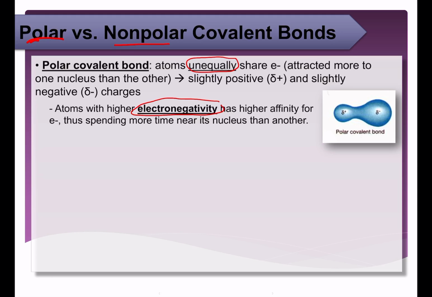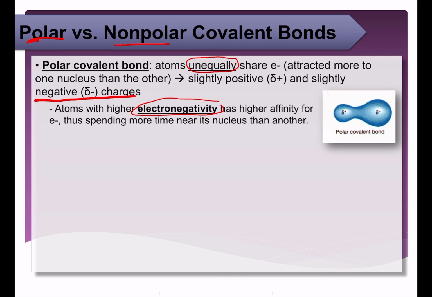So unequal sharing of electrons can also occur in covalent bonds, because the electrons can be more attracted to one atom over the other, since one atom has a higher electronegativity. Most of the electrons end up spending more time around that particular atom, which gives it a slightly negative charge.